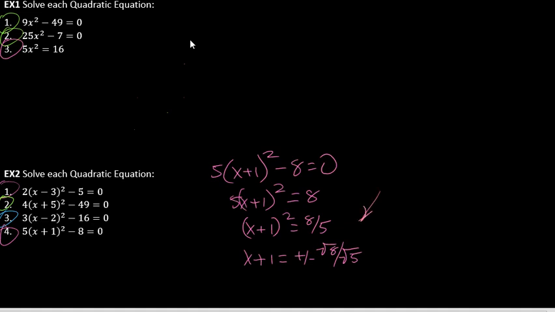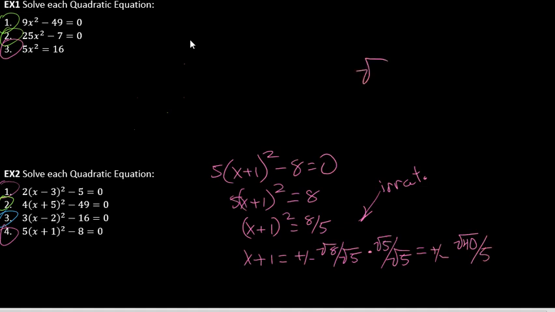And our solutions are going to be irrational again, because we're going to have to multiply by the square root of 5, top and bottom. And that is going to leave me with plus or minus square root of 40 over 5.